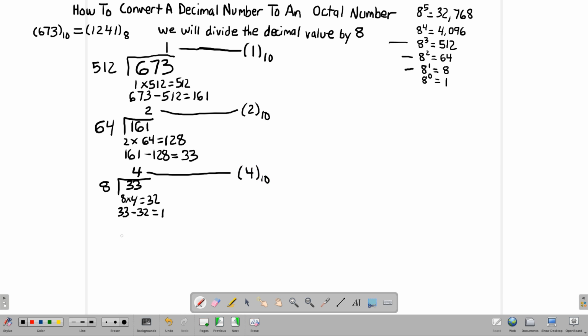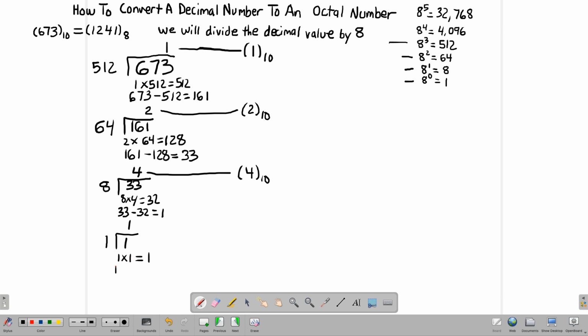And we continue to divide. Once again, we used 512, we used 64, we used 8. So we need another multiple of 8 that's not greater than 1. The only one that remains is 8 to the 0th power, a value of 1. So 1 divides into 1 one time, and 1 times 1 equals 1.